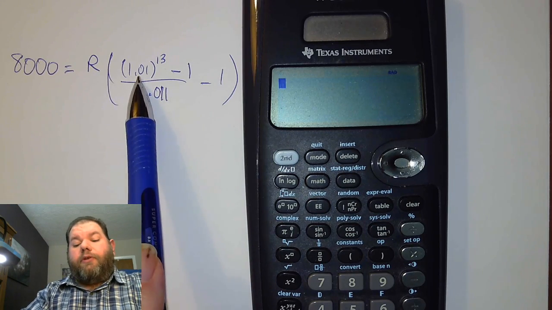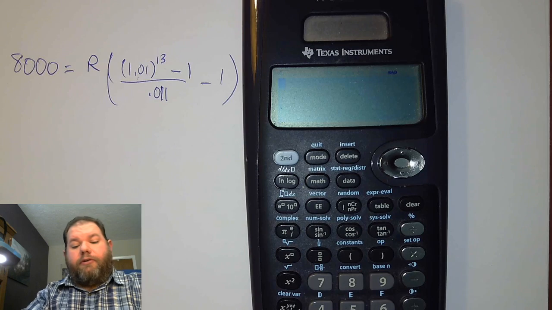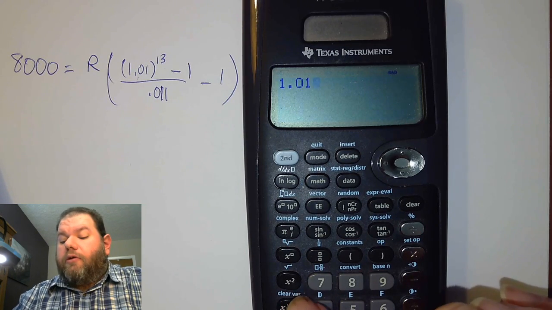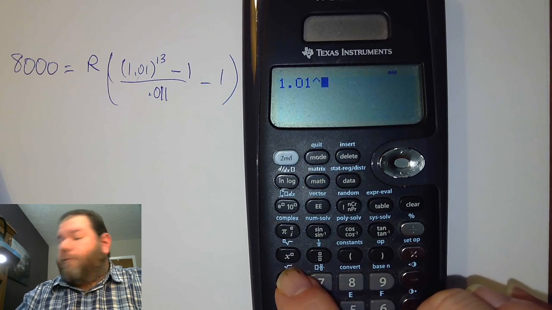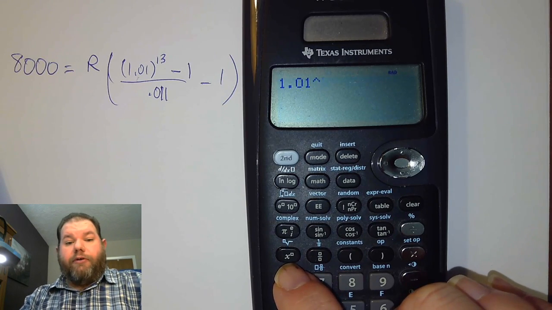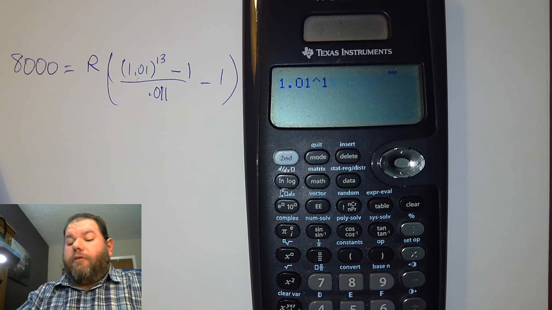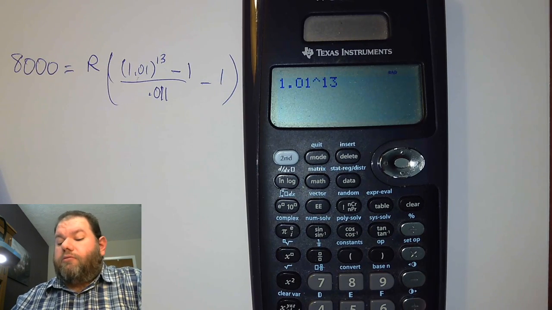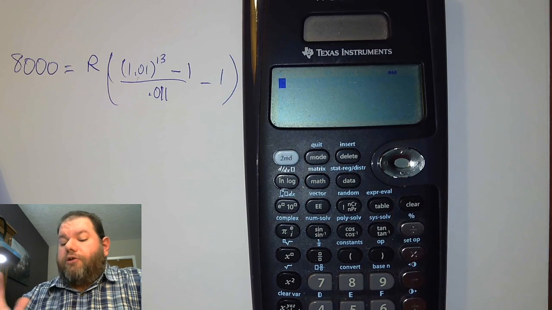So the very innermost thing is the 1.01 raised to the 13th power. Our raise button, our exponent button, whatever you happen to have on your calculator. And this to the 13th power. Now, we can go further. Actually, let me clear that.